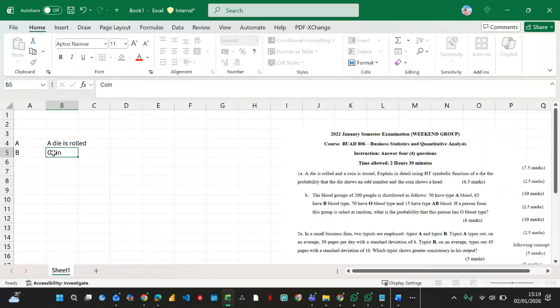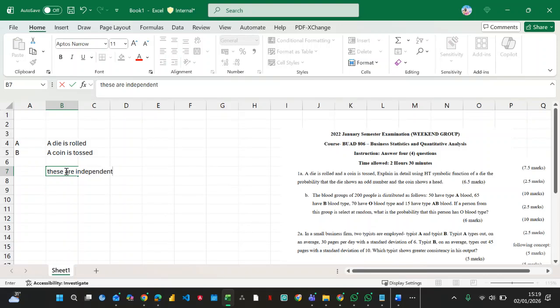Since the question is this, you can just say A is a die, and B is a coin. A coin is tossed, right?